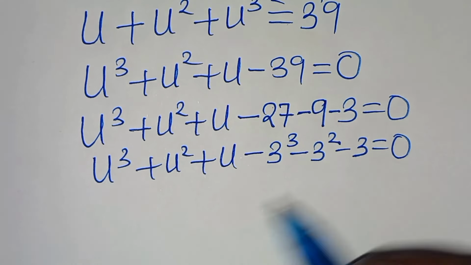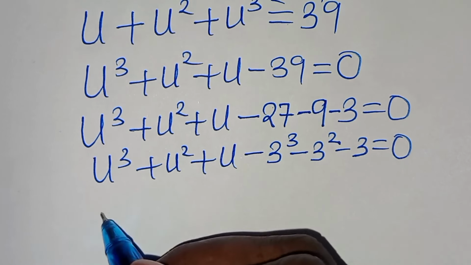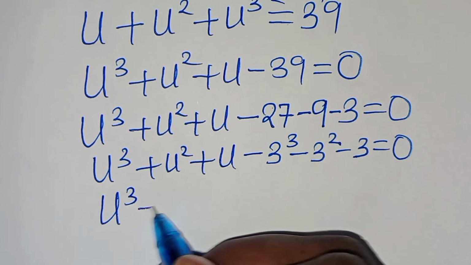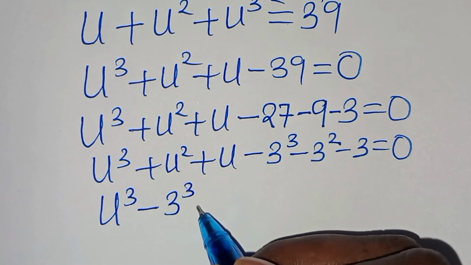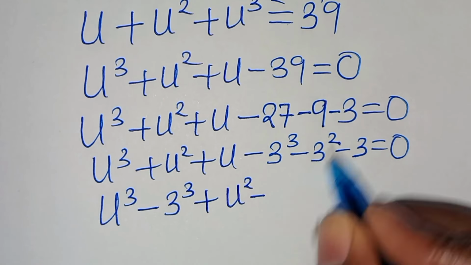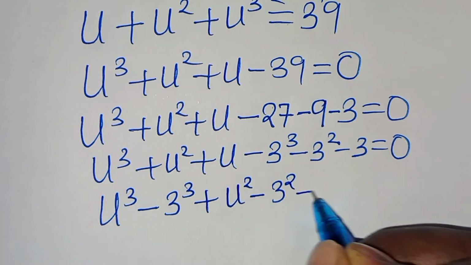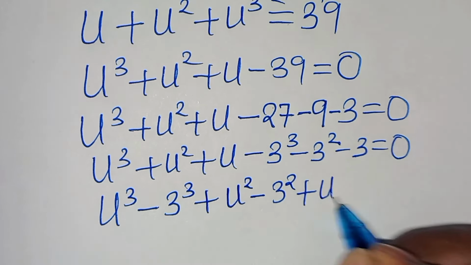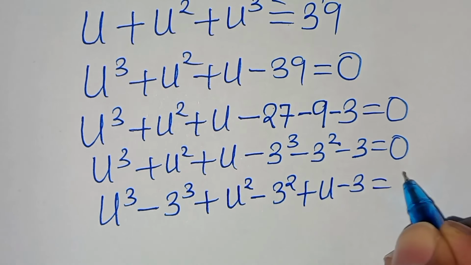We have u to the power of 3 and 3 to the power of 3. So this is u to the power of 3 minus 3 to the power of 3, then plus u squared minus 3 squared, then plus u minus 3. This is equal to 0.